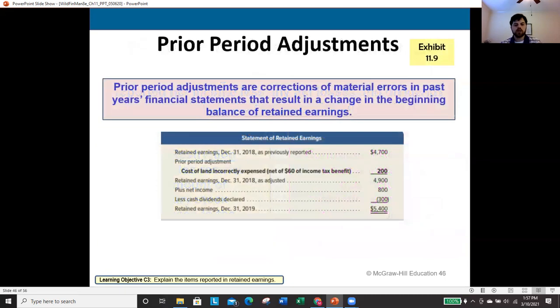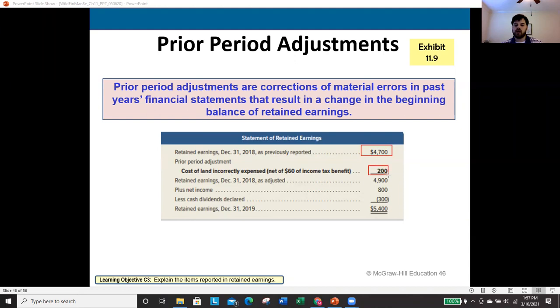Now, we can also see what are called prior period adjustments. So prior period adjustments are simply corrections of material errors in past year's financial statements that result in a change to the beginning balance of retained earnings. So in this case, we see that retained earnings was previously reported at $4,700. So that is what we see here. But then we realize that we incorrectly expensed land for $200, net of the $60 of income tax benefit.